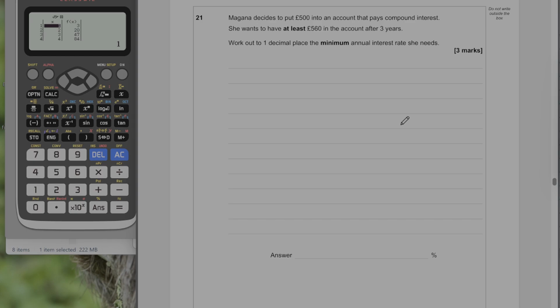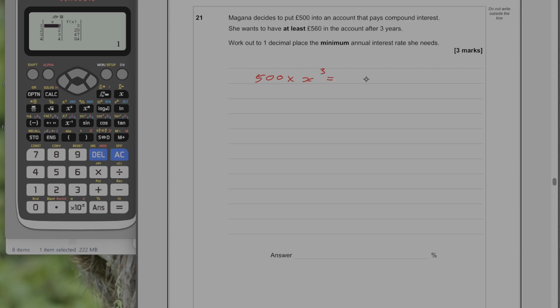Question 21. Morgana decides to put £500 into an account that pays compound interest. She wants to have at least £560 in the account after 3 years. Work out to one decimal place the minimum annual interest rate she needs. So we want £500 times x to the power of 3 to be equal to 560.